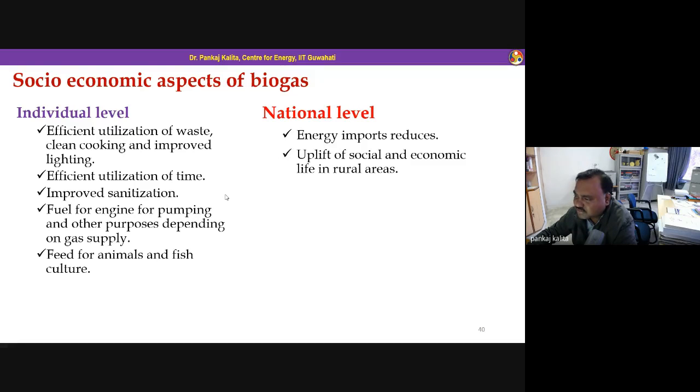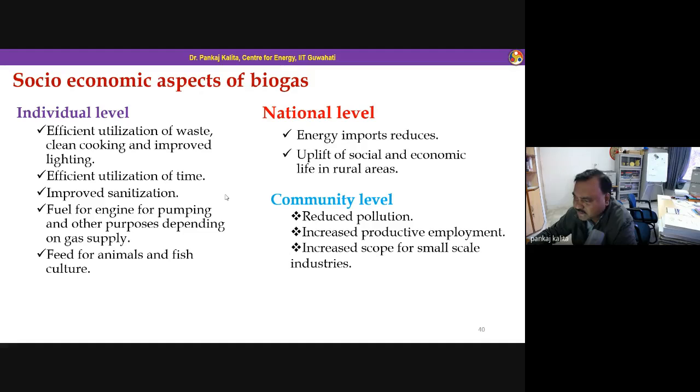At the national level, we can provide energy, or reduce energy imports, and uplift social and economic life in rural areas. Okay, that means energy security you can achieve. At the community level, we can reduce pollution, increase productive employment, and increase scope for small scale industries. So these are some of the things; we can extend our list for different levels.